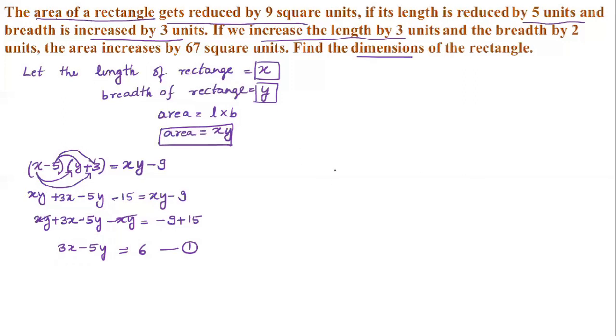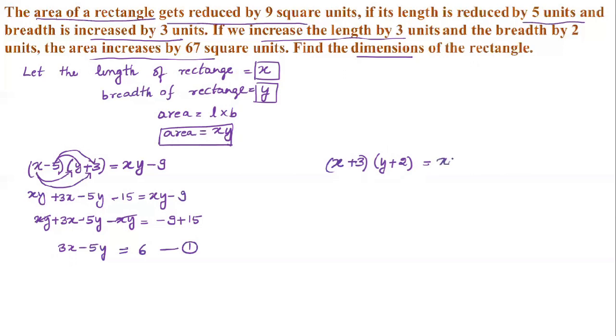Now write the second equation. If we increase the length by 3, now the length is x, so it becomes x plus 3, into, we are writing the area, increase the breadth by 2, that is y plus 2. Then what happens to the area? x plus 3 into y plus 2.